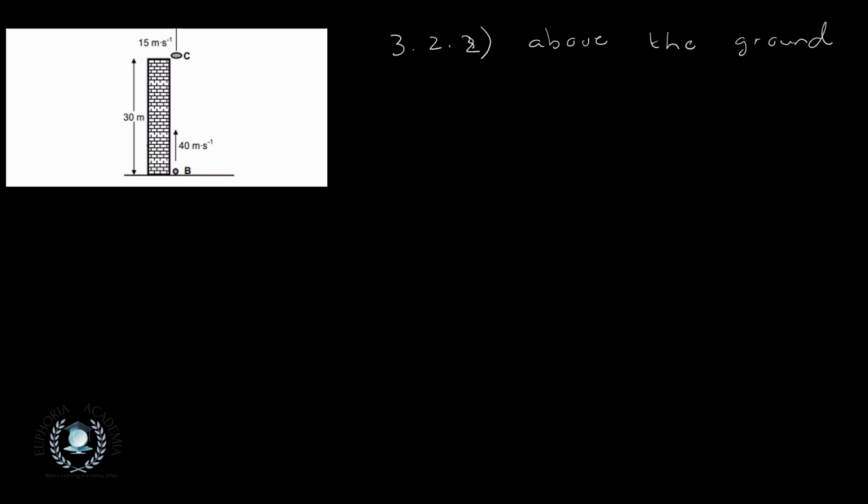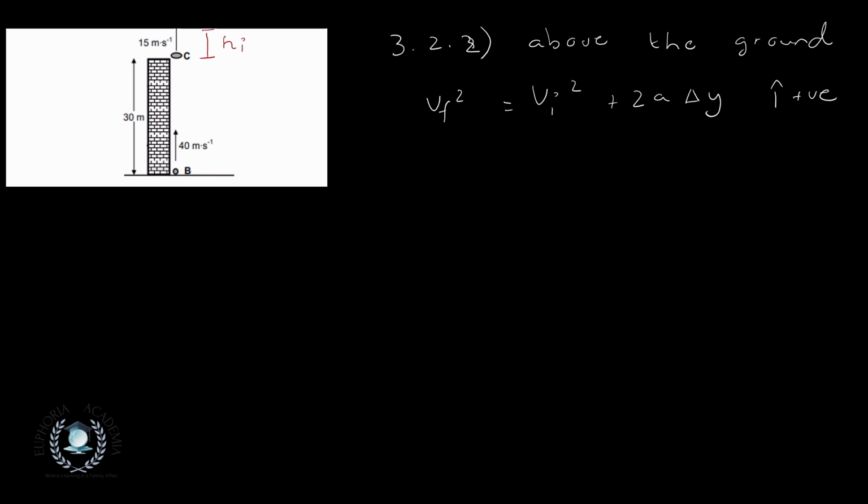Let's just find the distance from the top of the building to that maximum height. We'll call that HI. All right, so we're going to use the equation Vf squared is equal to Vi squared plus 2a delta y, and I'm still taking up as positive.